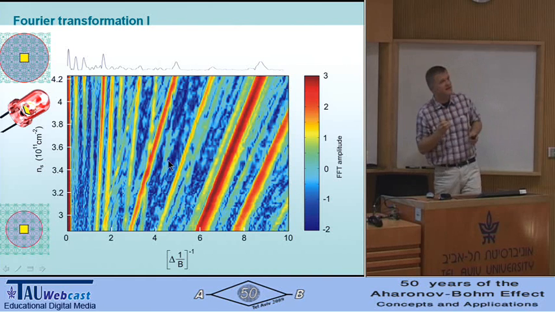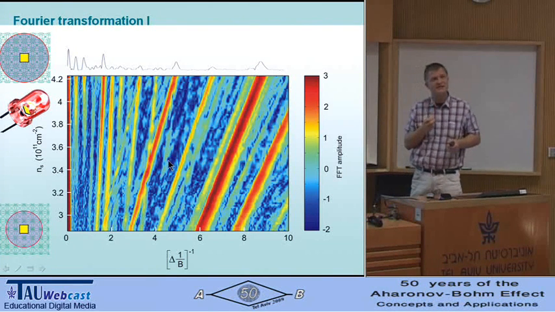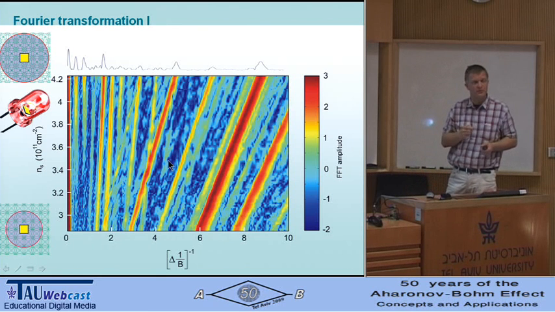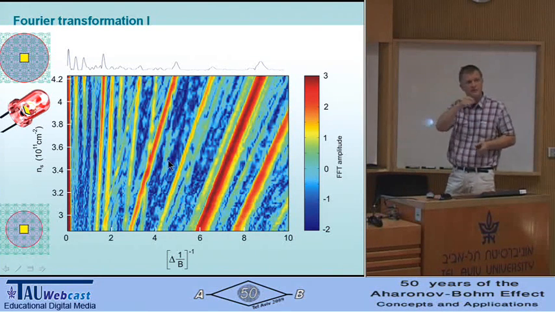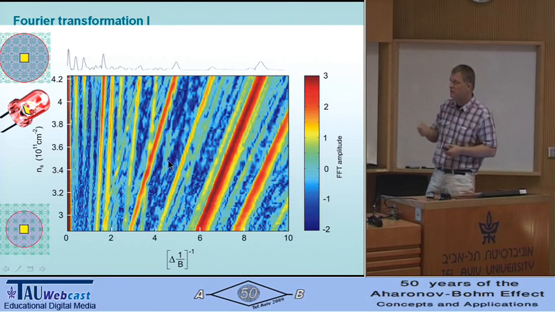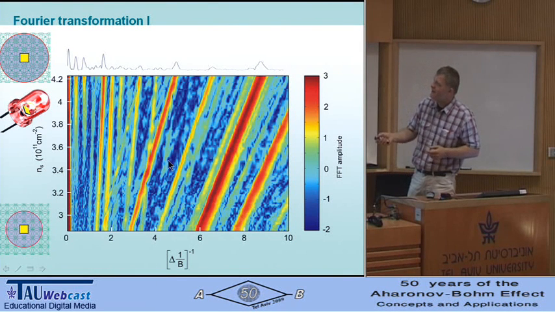You can illuminate a sample with light from an LED, and it's going to persistently change the density. Then you repeat the experiment that I showed you before, recording the resistivity as a function of magnetic field, you take the Fourier transform and so forth, and you do that for 100 points, and you spend a lot of time, and eventually you end up with a spectrum like this.